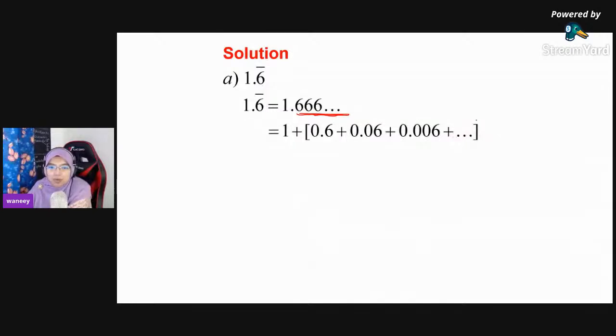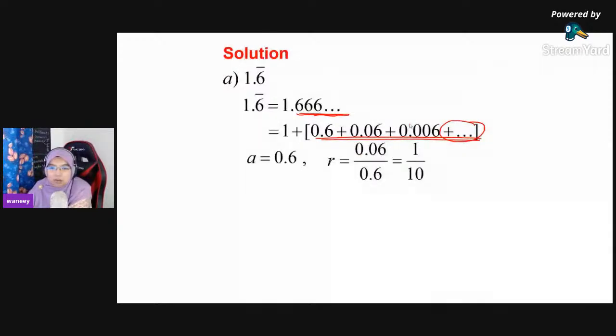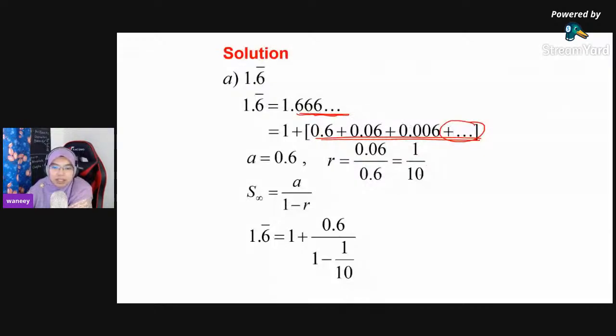Okay, so now we are going to calculate S infinity only for this term because over here we have plus ... So A is 0.6. The common ratio is 0.06 over 0.6, which is 1/10. So now we are going to substitute into S infinity. S infinity is A over 1 minus R. So A is 0.6.